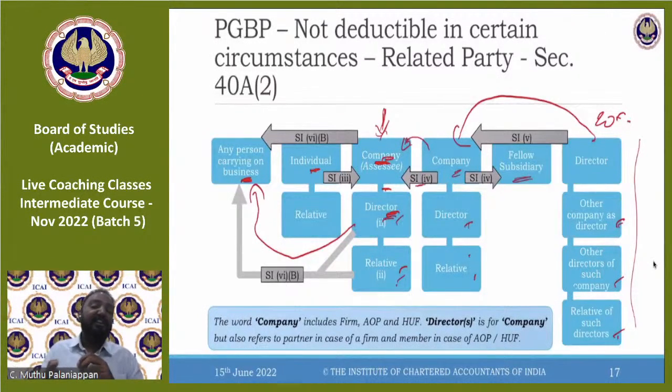What you will be tested is only how much should be disallowed or not. So typically you can feel free to ignore this also, but this is a very critical section even in your final. So just understand what exactly it is.